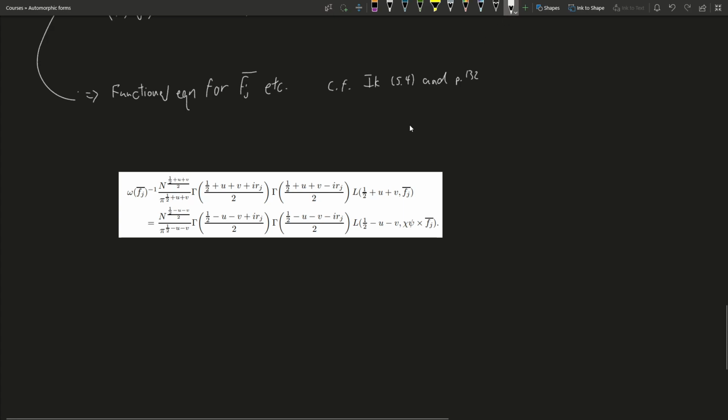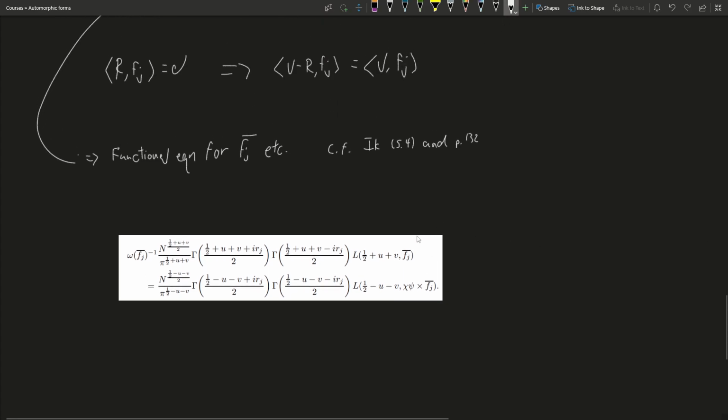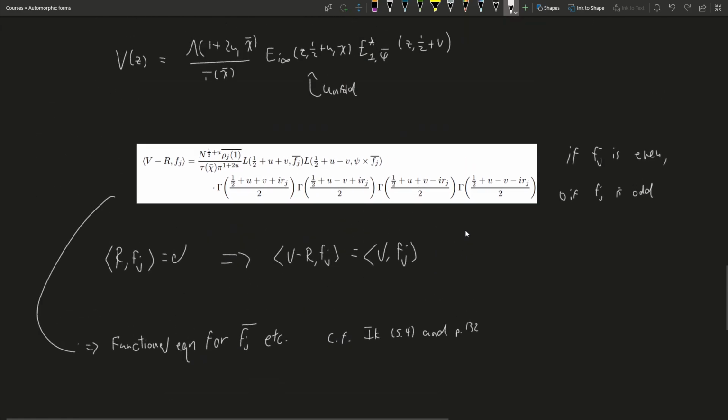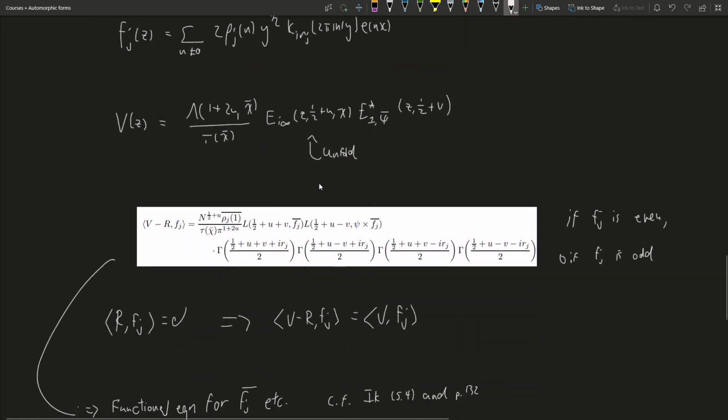And then there's a similar one for when you have this psi and this chi exchanged, right?